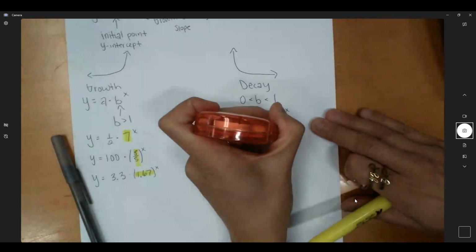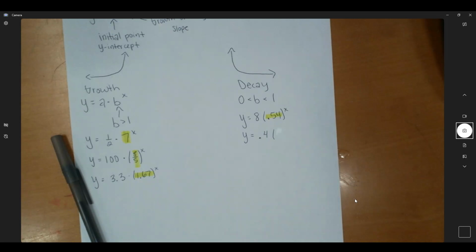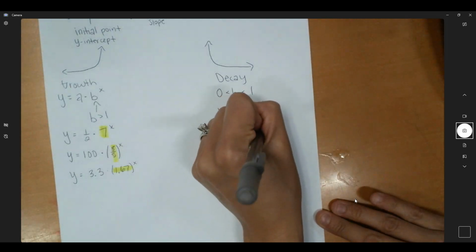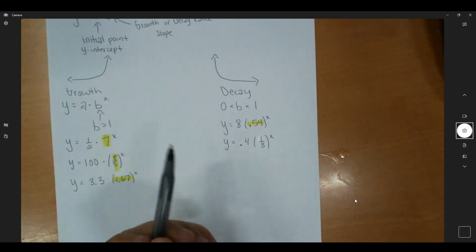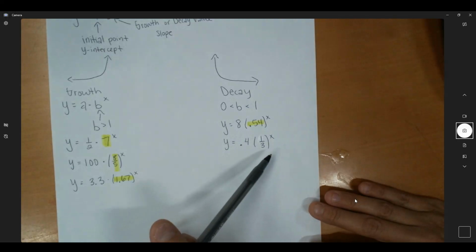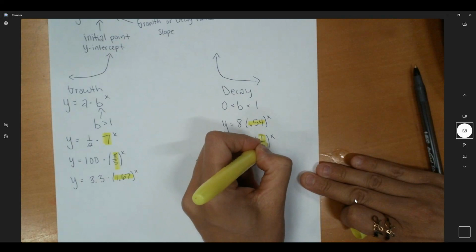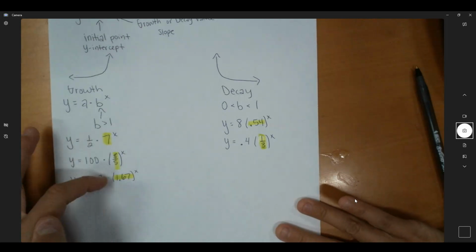All right, so then 0.4 times 1/3 to the x, the 1/3 is between 0 and 1. So notice I put a dot here and not here.